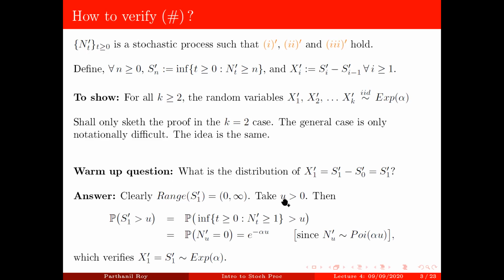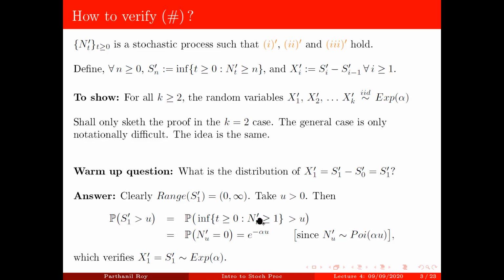Now take any u positive, then the probability that S1 dash exceeds u is the same as saying the infimum of t bigger than or equal to 0 such that N(t) dash is bigger than or equal to 1 exceeds u.